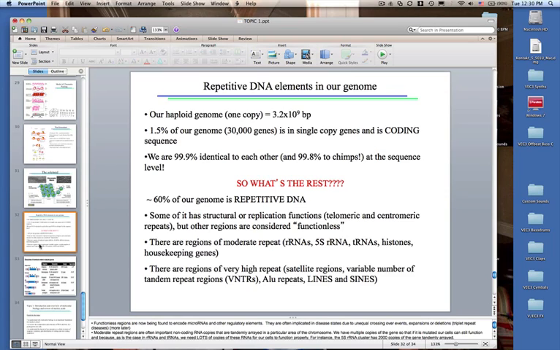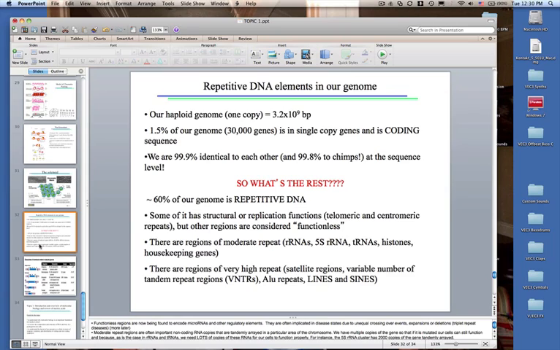Okay, so if I say I have a microsatellite, so for instance, the telomere repeats, TTAGGG, that's our repeat sequence. It is tandemly arrayed about 2,000 times at the end of our chromosomes, okay?